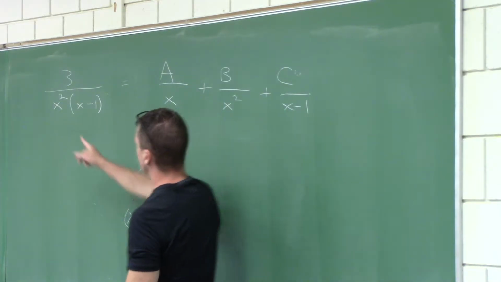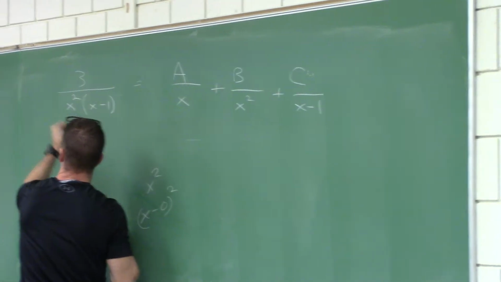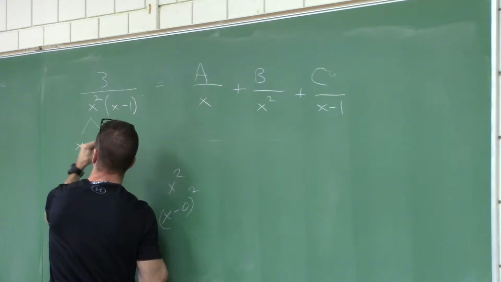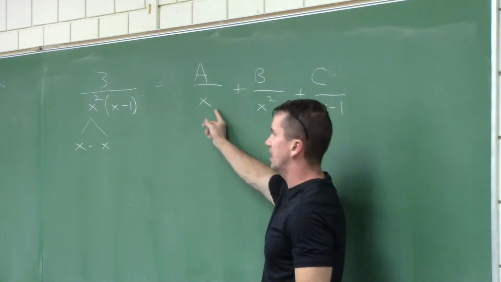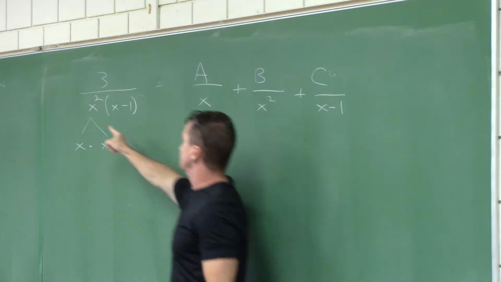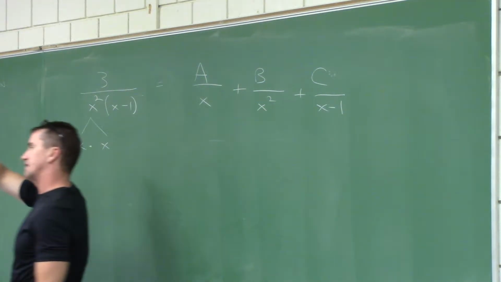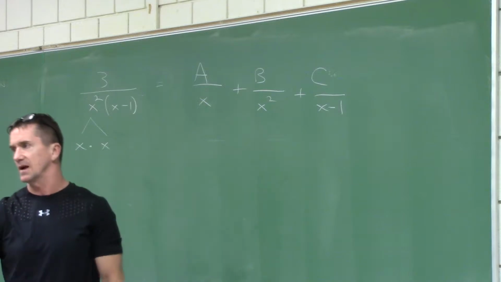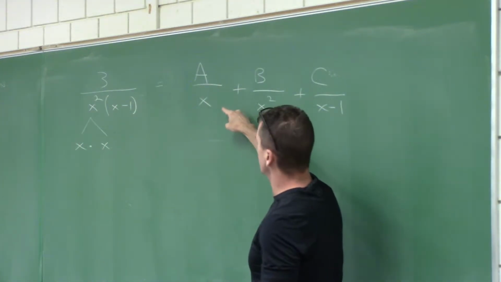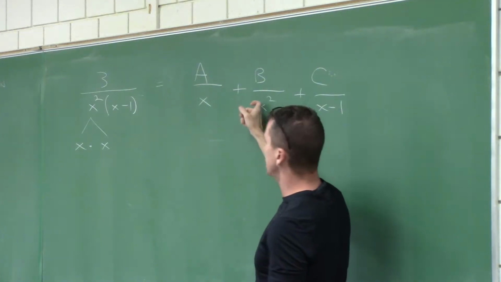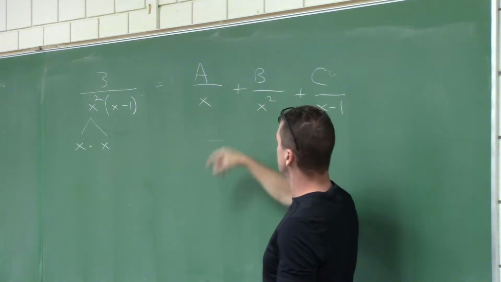And you bet, because that x squared is really x times x, isn't it? Students sometimes wonder, wait, why did you put A over x plus B over the other one? Because we think of this as a linear repeated factor, right? So if you ever see linear repeated factors, you have to put an A over the first power and then a B over x to the second power.